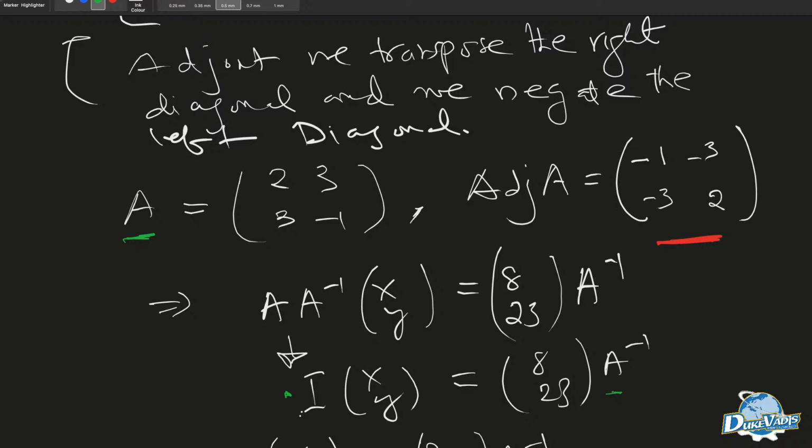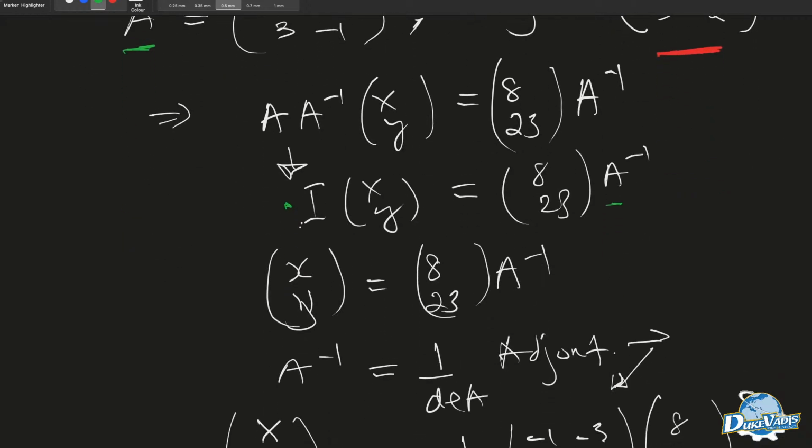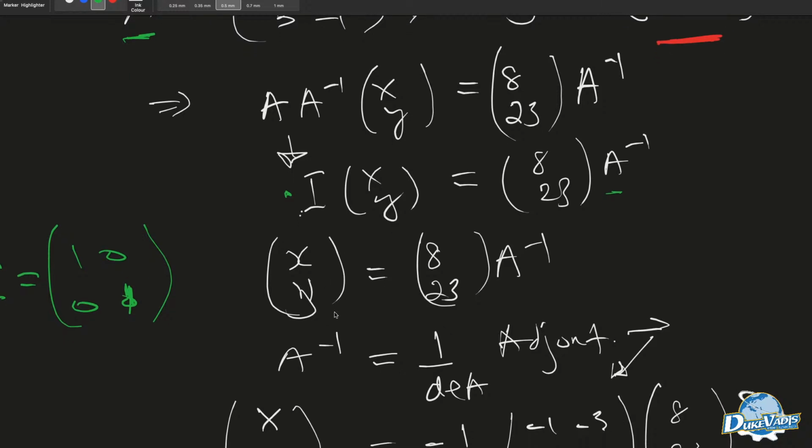The identity matrix multiplied by xy will give me xy. Why is it so? Because the identity matrix I is the 1, 0, 0, 1 matrix, so when I multiply it by xy, I get back the same xy.